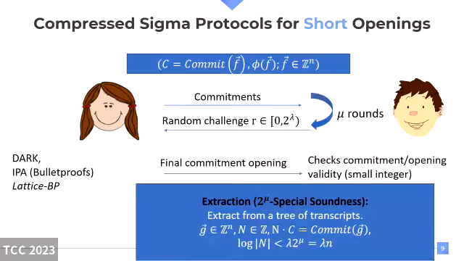However, if we extract from this using 2 to the mu special soundness, so basically a binary tree of depth mu, then we can compute an opening. Well, in fact, we can compute one of these relaxed openings.